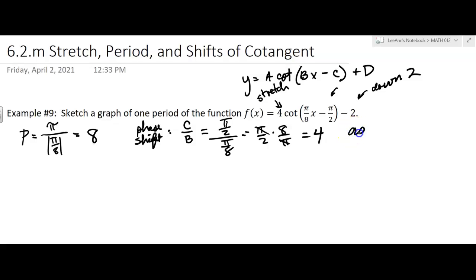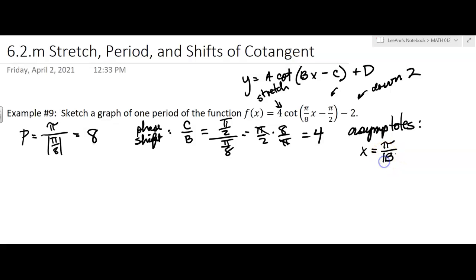So this is the part that I haven't written on one of the previous screens. So the asymptotes, you're thinking, well, they're going to be at x equals pi over the absolute value of b, oop, forgot the absolute value.